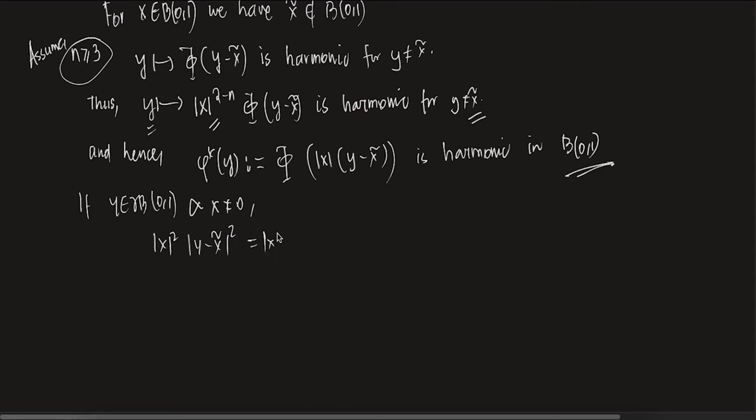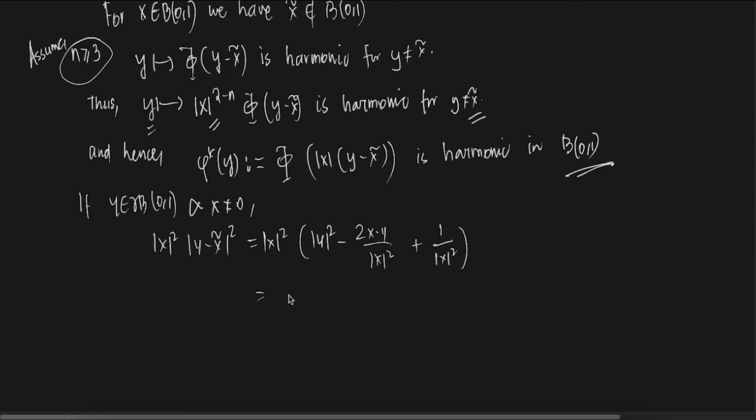I will show you what is happening here. Mod y square minus 2 x dot y by mod x square, plus, I will just break it up, plus 1 by mod x square.